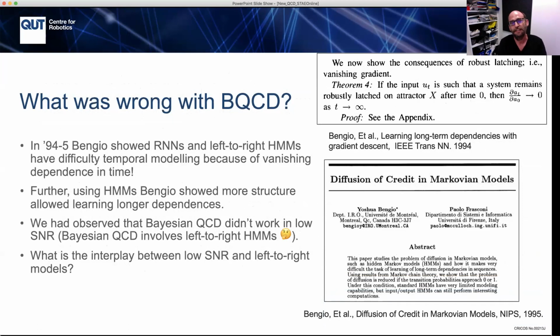So left-to-right HMMs, these are HMMs where you can transition through a series of states, but you can't come back. So they only go in one direction. And there's some structural similarity in information flow between left-to-right HMMs and RNNs.